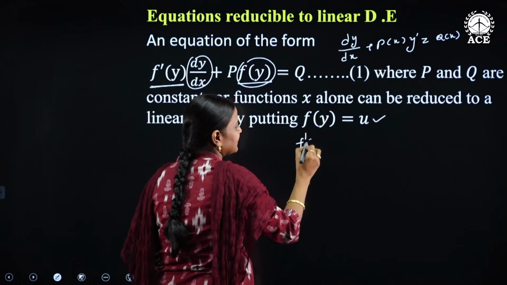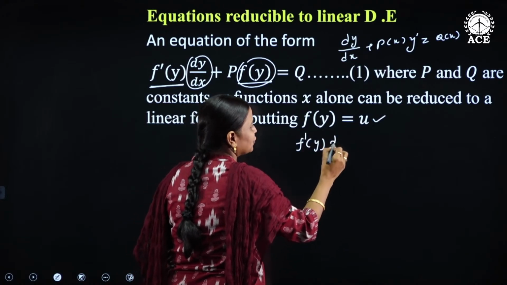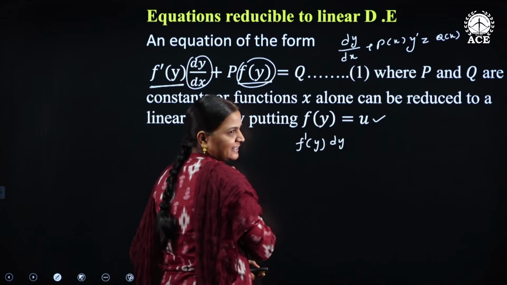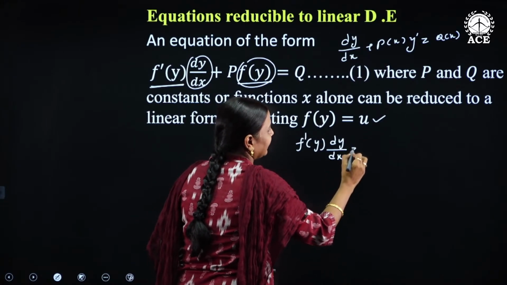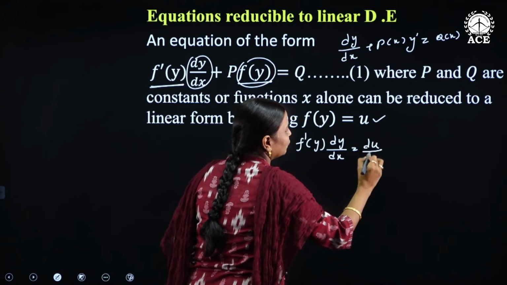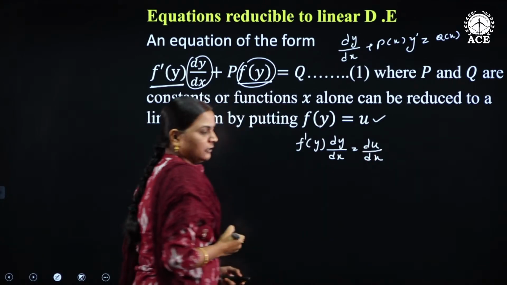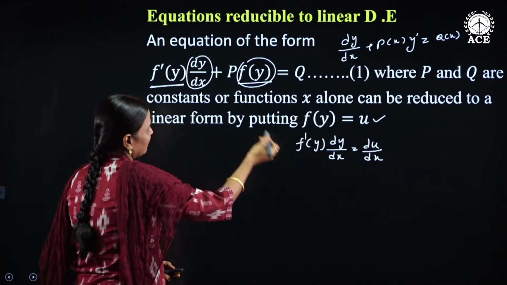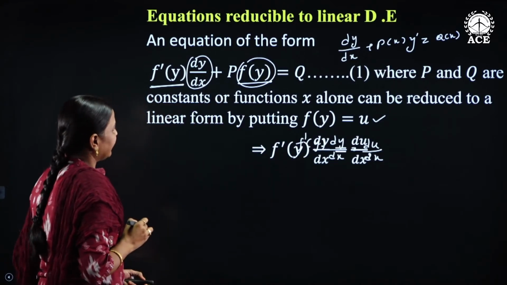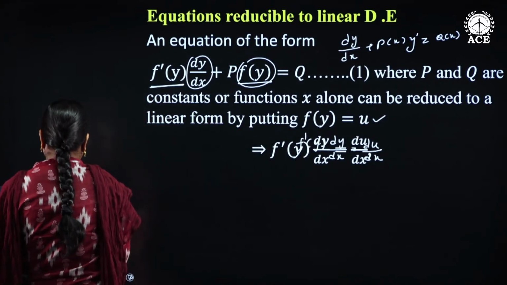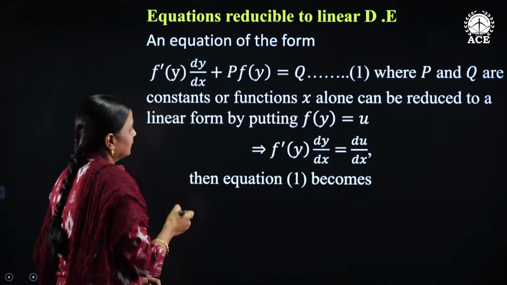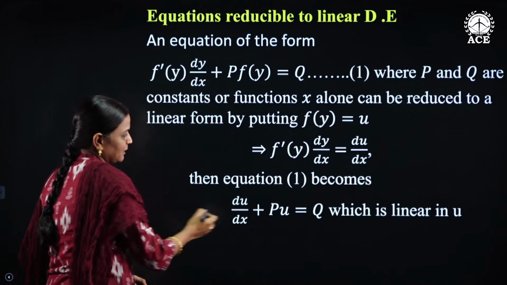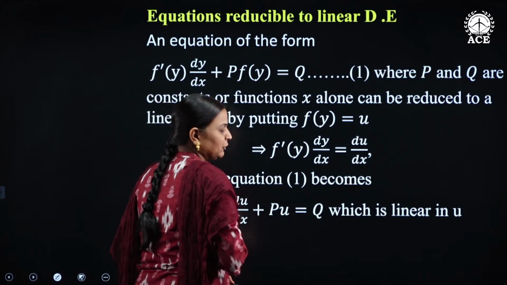Differentiation of f of y is f dash of y into dy by dx, which is equal to du by dx. So if we substitute this here, that equation is reduced to the form du by dx plus pu is equal to q.